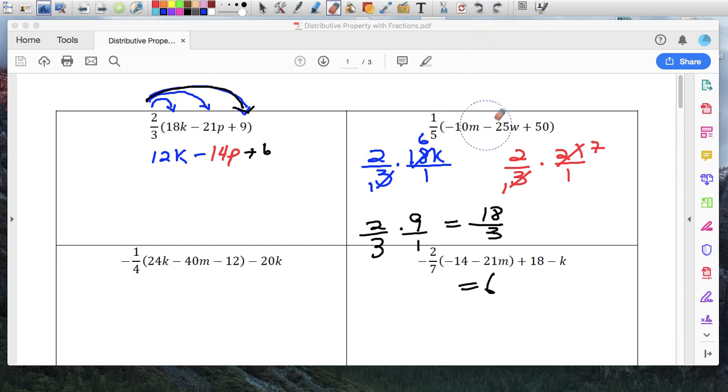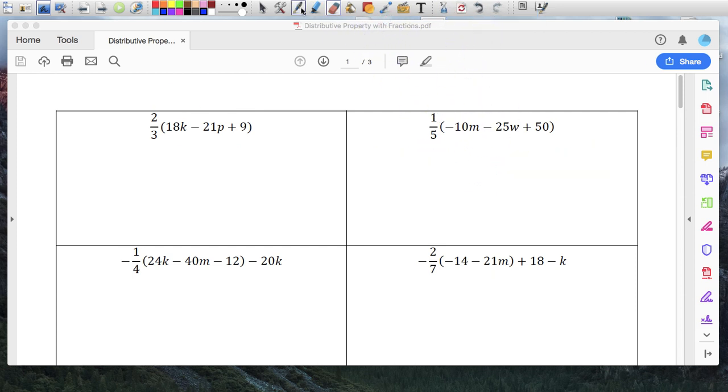Okay. This one is easier. When you apply the distributive property here, take 1/5 multiplied by 10.